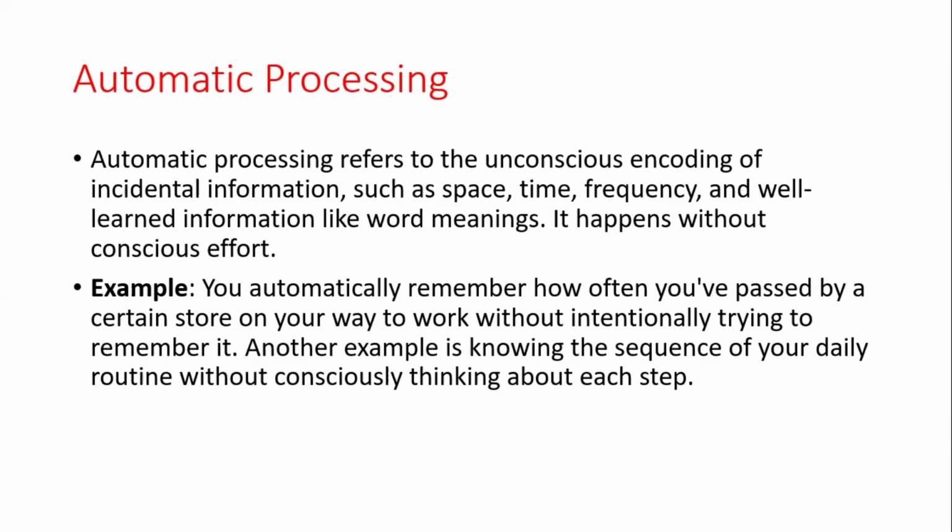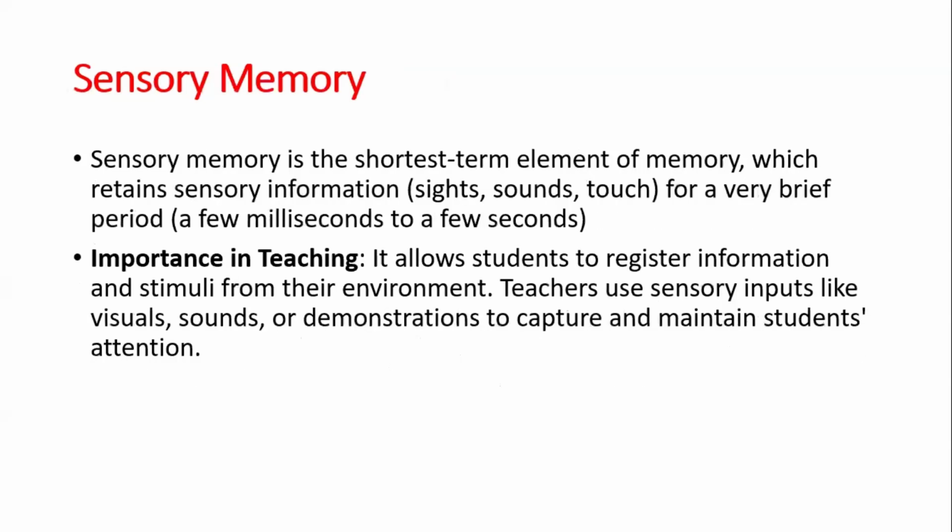We know we will have to brush our teeth, we will have to wash our face, and when going to the bathroom, we will go along with a toothpaste and brush and things like that, that we don't really want to consciously put into place. It is most unconsciously encoded in our brain, and that is what we call automatic processing.